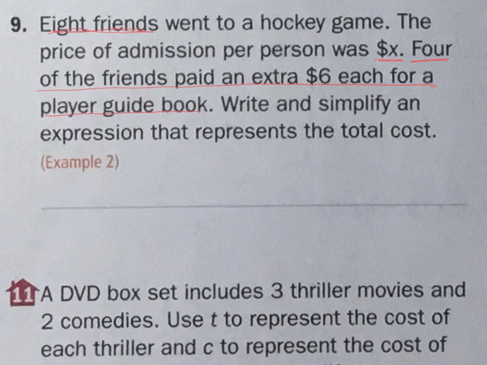So I'm going to do what it would cost one person to get in. X dollars. Now, only 4 people of the 8 did that. The other 4 paid the price of admission plus a $6 player guide.